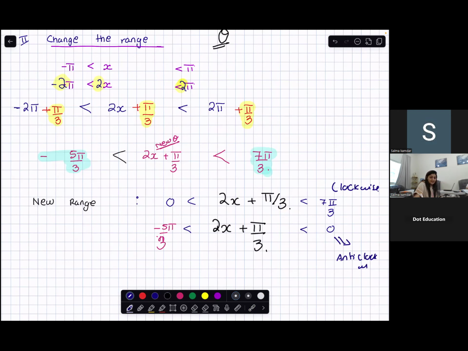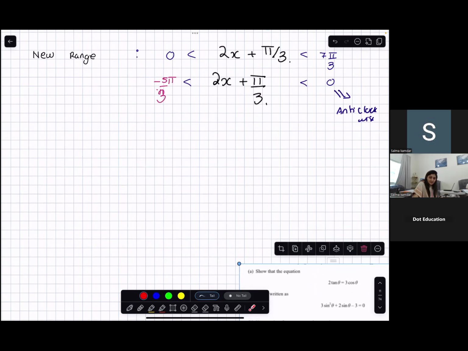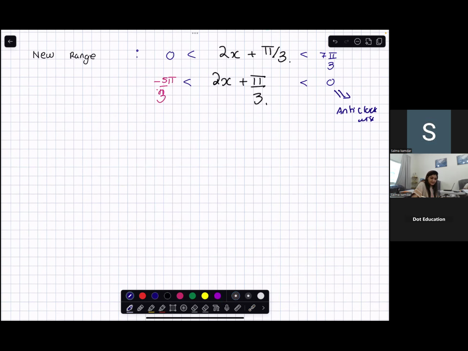Please note that I assume you know how to break the range. It would be between 0 to 7 pi by 3, and this is going to be between minus pi by 3 to 0. Now I will try and do all my hits, to find similar angles.